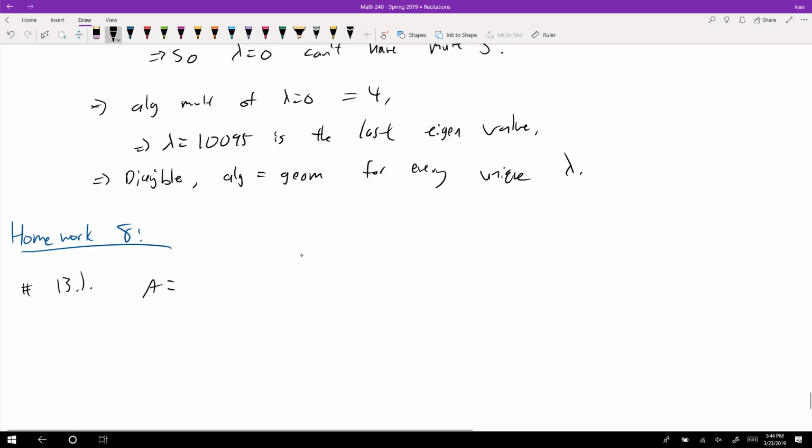Okay, A is equal to the matrix with rows -1, -1, 0; 0, -1, -2; 0, 0, -1.